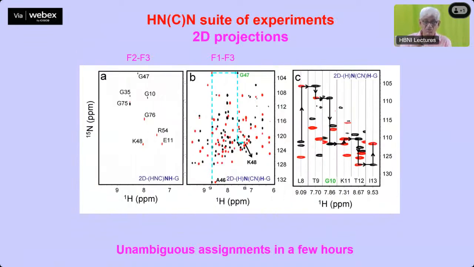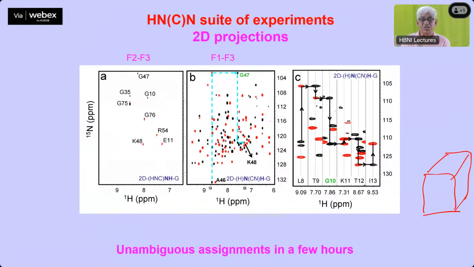Now, after this, you can take projections to make analysis even simpler and better. Projections meaning what? When you have a three-dimensional spectrum, you project the spectrum along one axis, and you generate a two-dimensional spectrum.